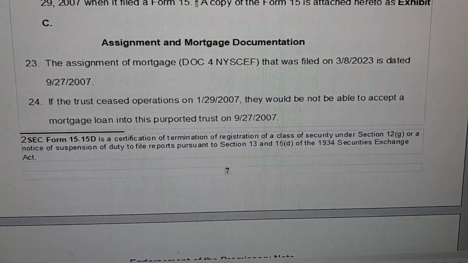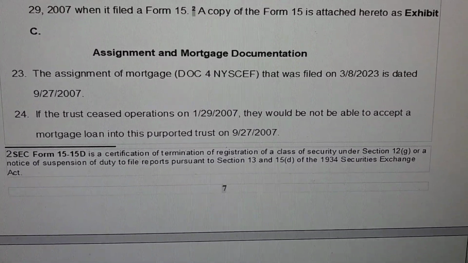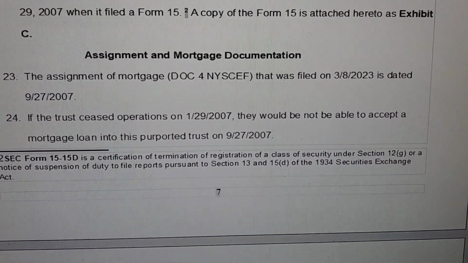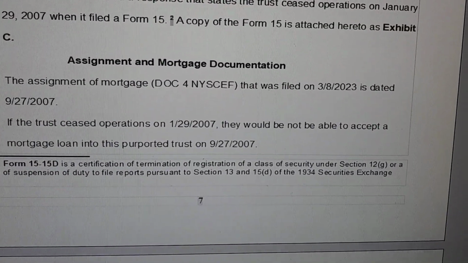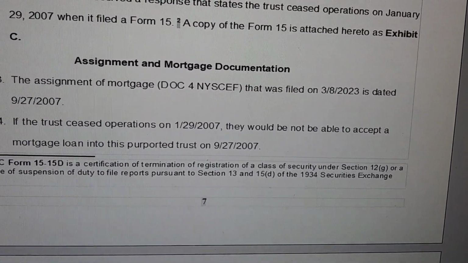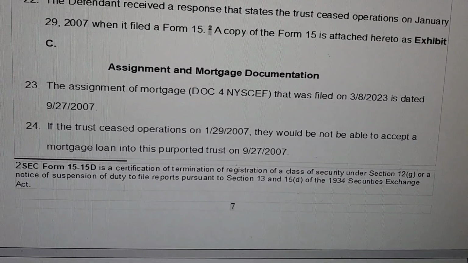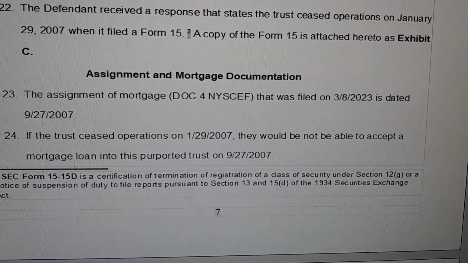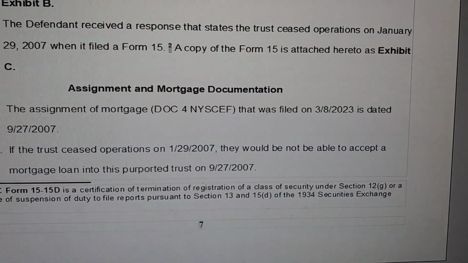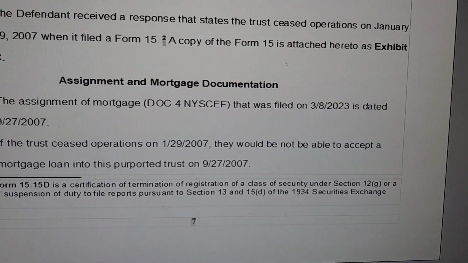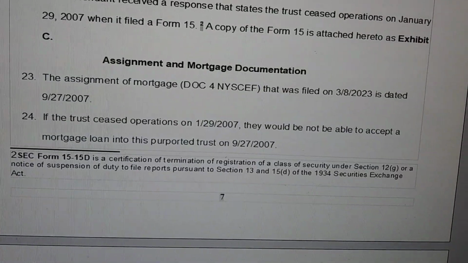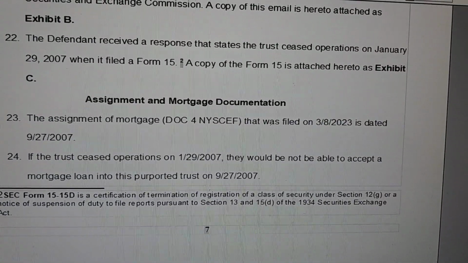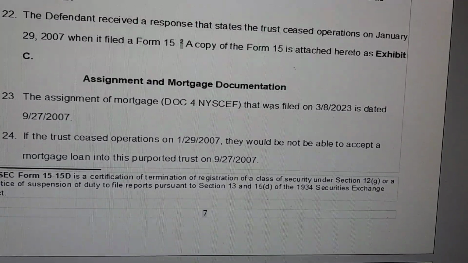And as you can see by the footnote, the SEC Form 15D is a certification of termination of registration of a class of security under Section 12(g), or a notice of suspension of duty to file reports pursuant to Section 13 and 15(d) of the 1934 Securities Exchange Act. And basically, in layman's terms, it means that the trust has dissolved.